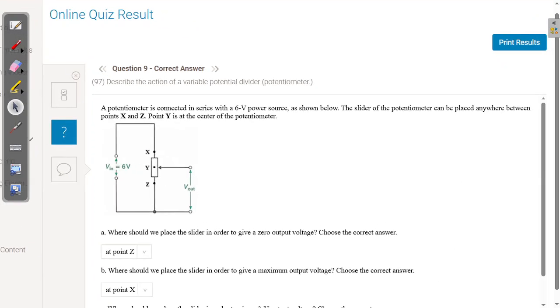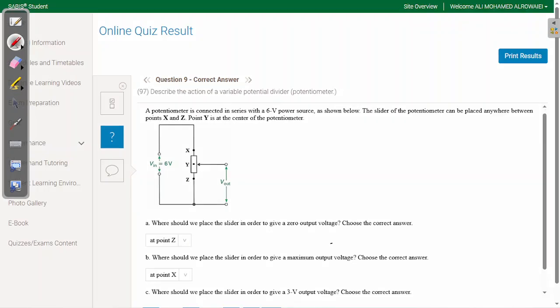Okay, a potentiometer is connected in series with a 6 volt power source as shown below. The slider of the potentiometer can be placed anywhere between points X and Z. Point Y is at the center of the potentiometer. Okay, so they want where should we place the slider to give 0 volts, a maximum, and 3 volts.